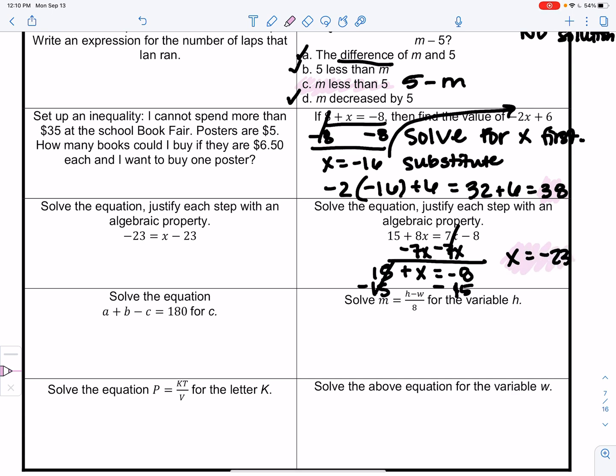And you just needed to write which operations you used. So I used subtraction twice. So I would have said subtraction there. You could have also gone the other way and added 8 to both sides. So you could have actually used subtraction and addition. So possibly addition as well.